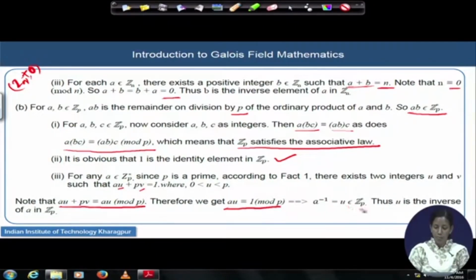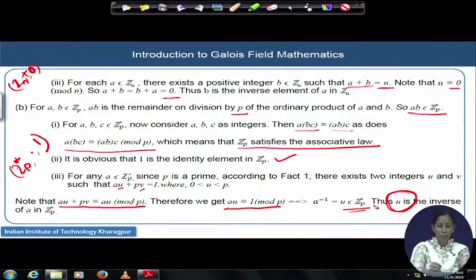This also belongs to Zp star, such that u is the inverse of any element A in Zp star. So, Zp star also has an identity element, which is equal to 1. All the elements of this set follow the associative law, and we have proved that there exists an inverse element u for this set. So, Zp star with respect to the operator dot and with identity element 1 will be considered as a group.